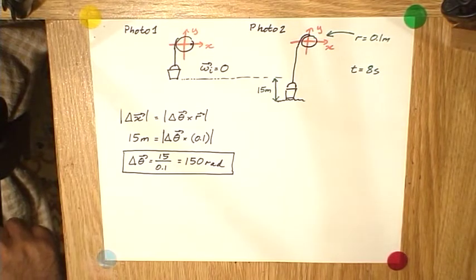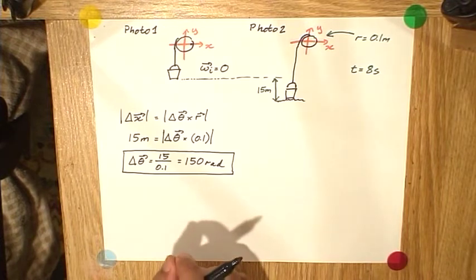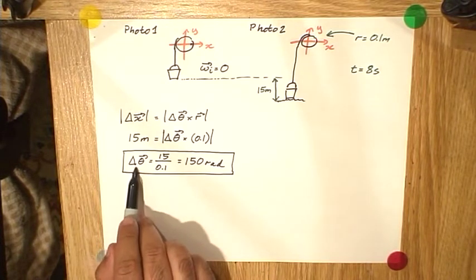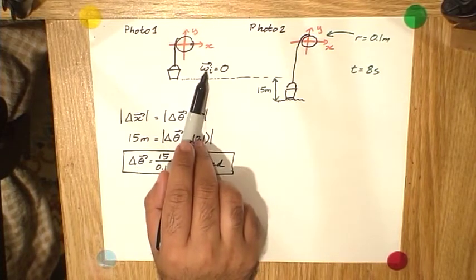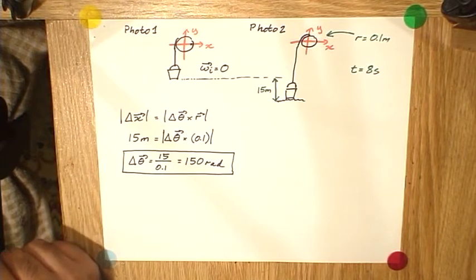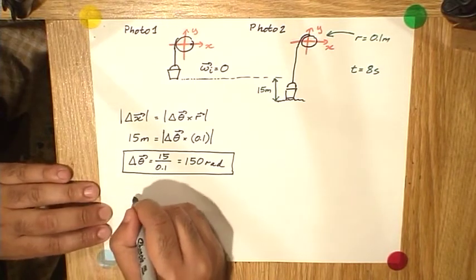So let's go ahead and solve for it. The first thing we would like to find is the final velocity of the wheel. We know the angular displacement, we know the initial velocity, and we know the time. Toolbox equation number 3 will serve us very nicely for this one.